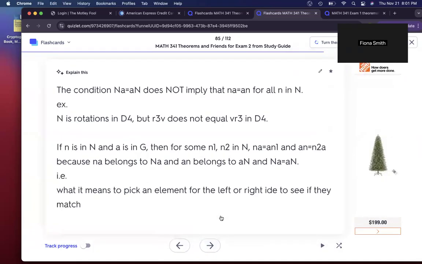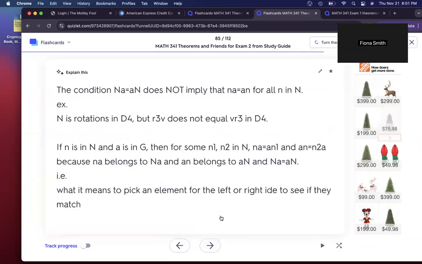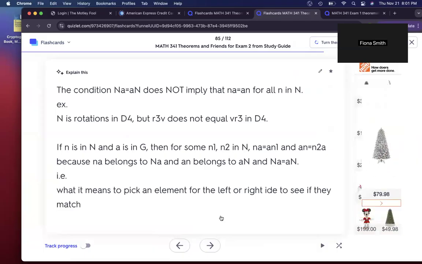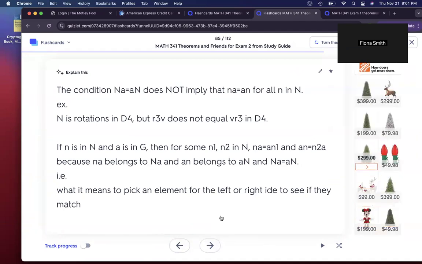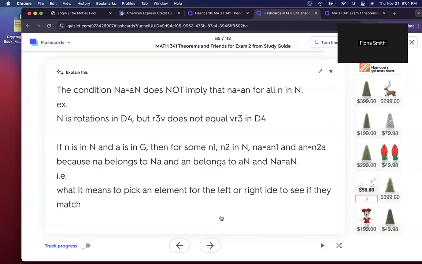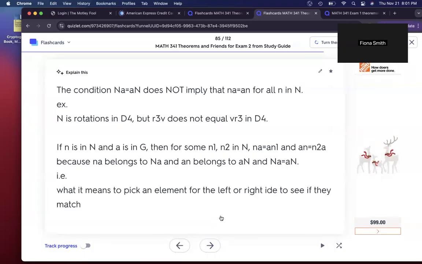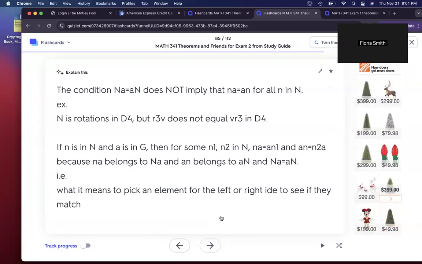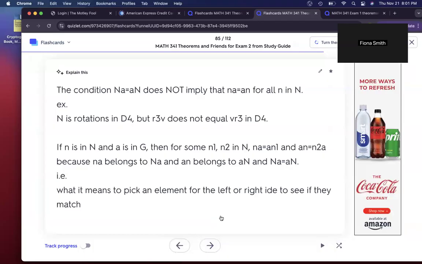Yay. Some more remarks. The condition of normality, the left coset equals the right coset, does not mean that each element in N commutes with every element in G. So an example that shows that we don't have little na equals a little n for all n in N: let N be the rotations of D4, but rotation 3 star V doesn't equal V star rotation 3 in D4. Also, another remark, right?